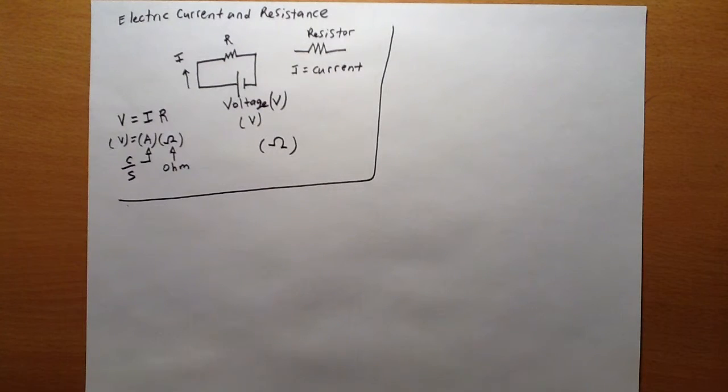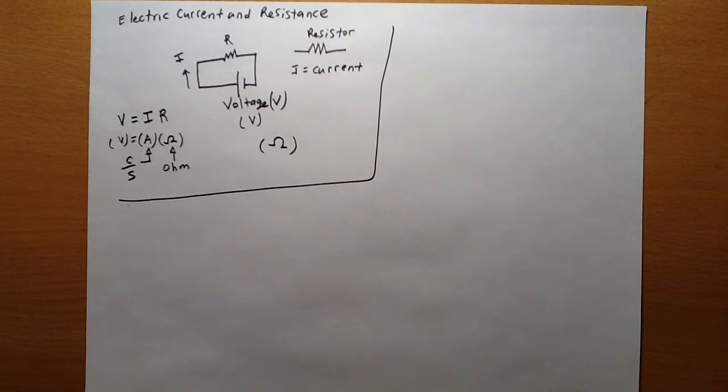Now, different materials have different properties, and one of those properties is resistance. We've talked about conductors, like metal, and conductors have low resistance, because charge can easily flow. So if current can easily flow, then it has low resistance.